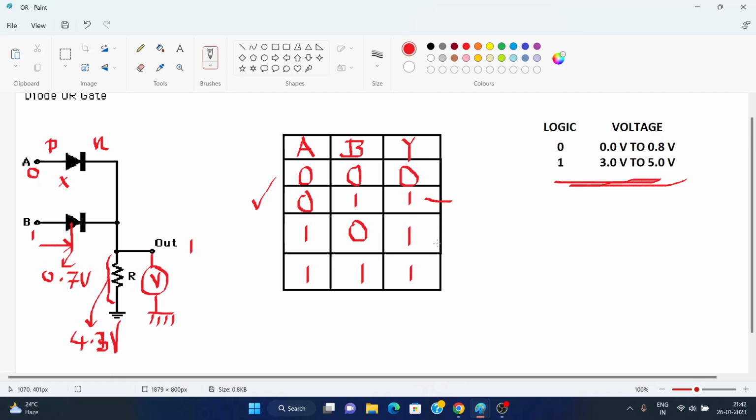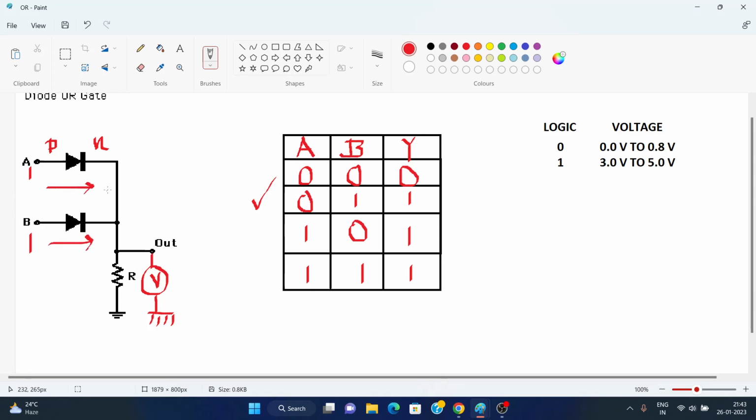We can understand this. The same thing happens for the third row, but A becomes 1 and B becomes 0. But for the last row, the same thing happens for both A and B. A is also 1, B is also 1. So current passes in forward bias through both of them, and then current passes through this resistance, and in turn we get the output as high.